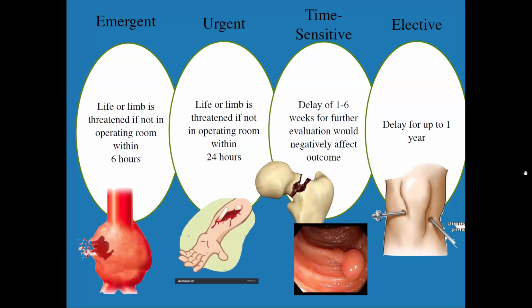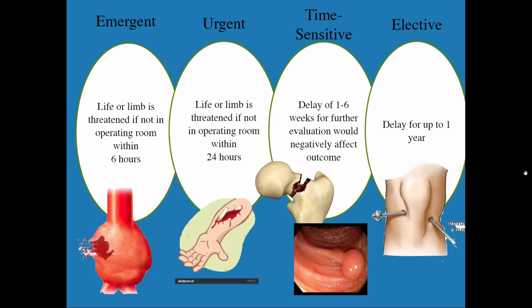Your urgents are, the example I like to use is someone with potassium of 7 who has a compound fracture. It has to get to the OR, but you could dialyze them first, so that's more urgent. Then time sensitive would be, you're not going to wait a year, but you can certainly get them to the cath lab and manage them for a week, whatever it is.